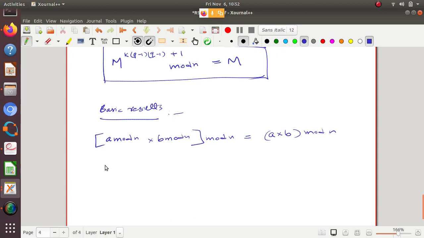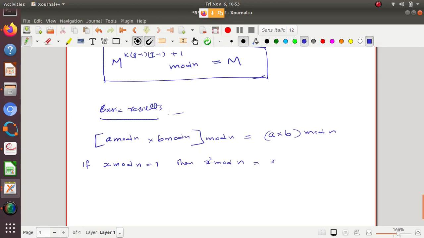And from this, if x mod n is equal to 1, then what will x square mod n be?